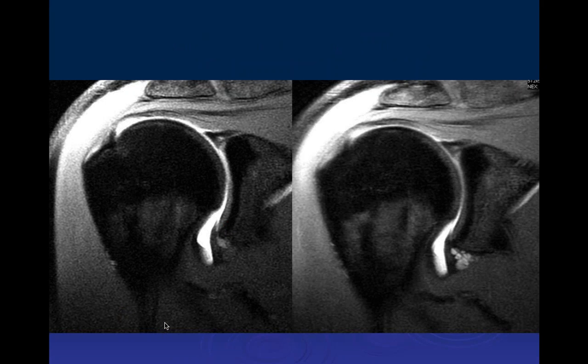Okay, we've got two coronal images, it looks like a PD fat sat arthrogram of the shoulder. We have this kind of multilobulated signal in the inferior labrum, like a paralabral cyst, which is not as intense as the arthrogram.